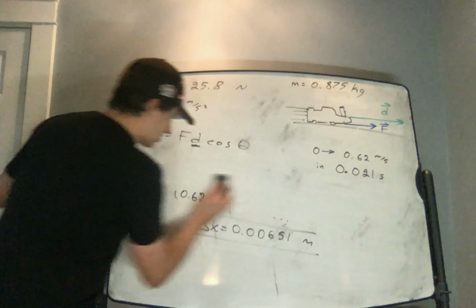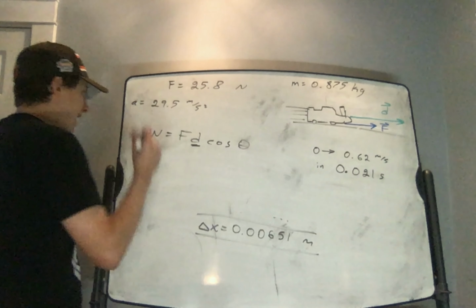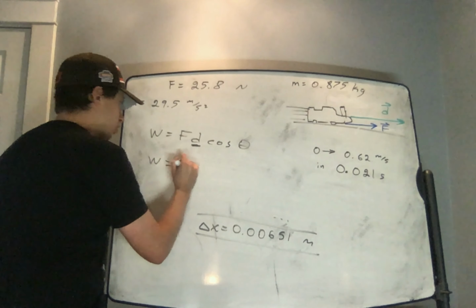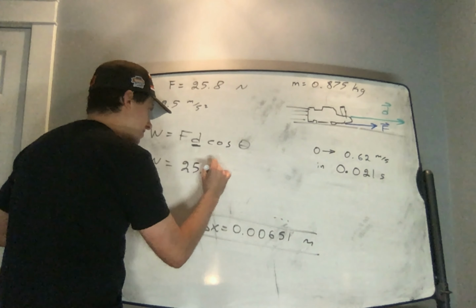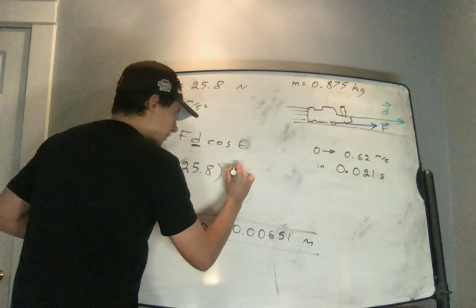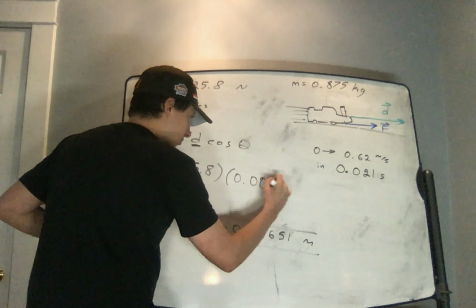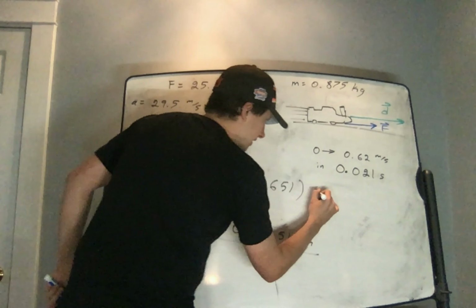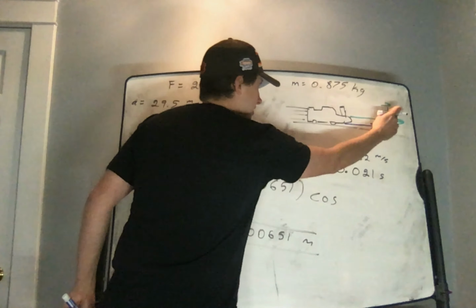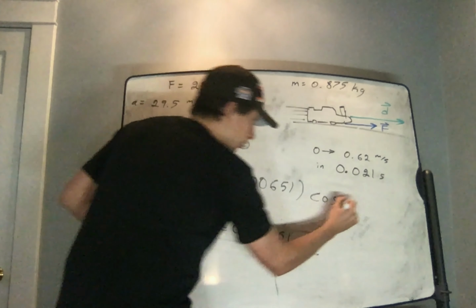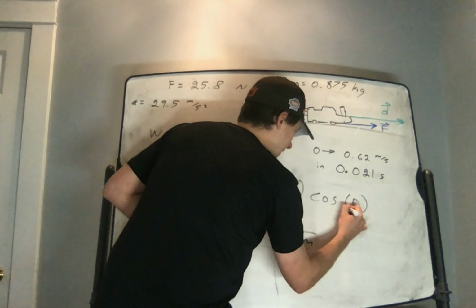So I could write the work done on the train as W equals force, 25.8, times the displacement of the train, how far it moved, 0.00651, times the cosine of the angle between d and F. These vectors are parallel, so the angle will be 0 degrees.